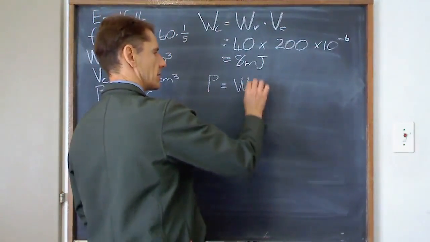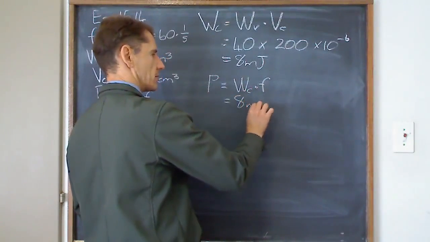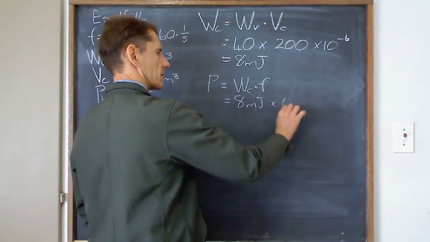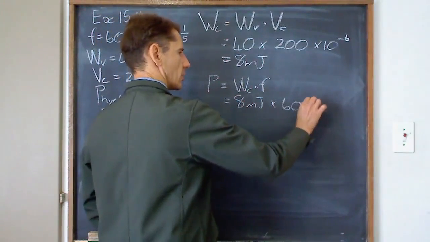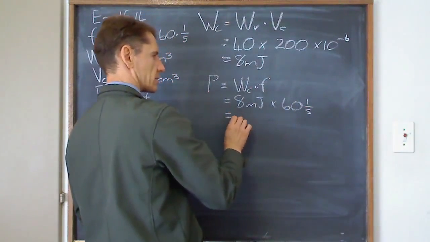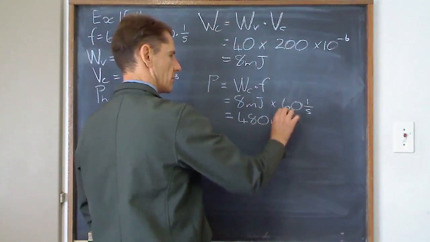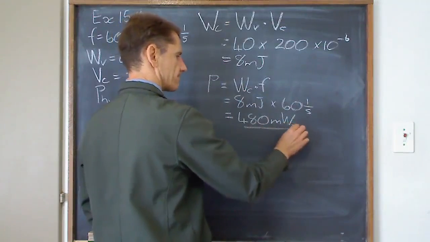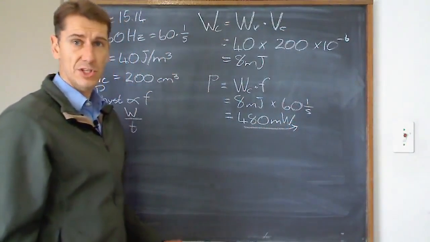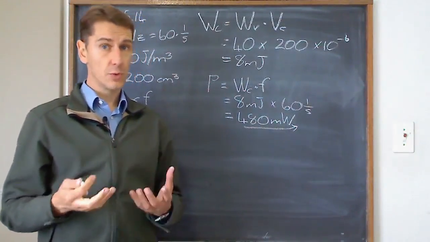So it's simply going to be W_C times your frequency: 8 millijoules times 60 1 over second. So I've got joules per second, so I've got 480 milliwatts.